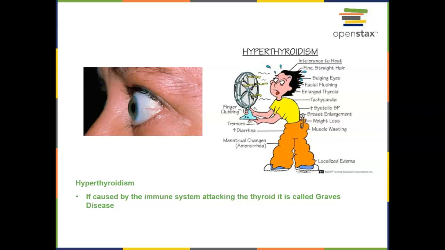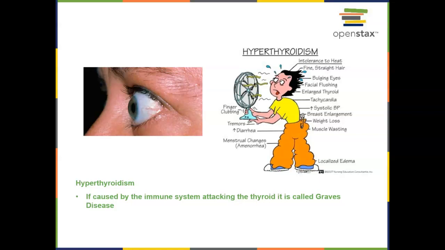This can lead to very rapid weight loss, heat intolerance, bulging eyes, which is what I wanted to show you here. That's exophthalmos. Higher blood pressure because of it, which is what causes that exophthalmos. It can cause you to have more bouts of frustration or anger.